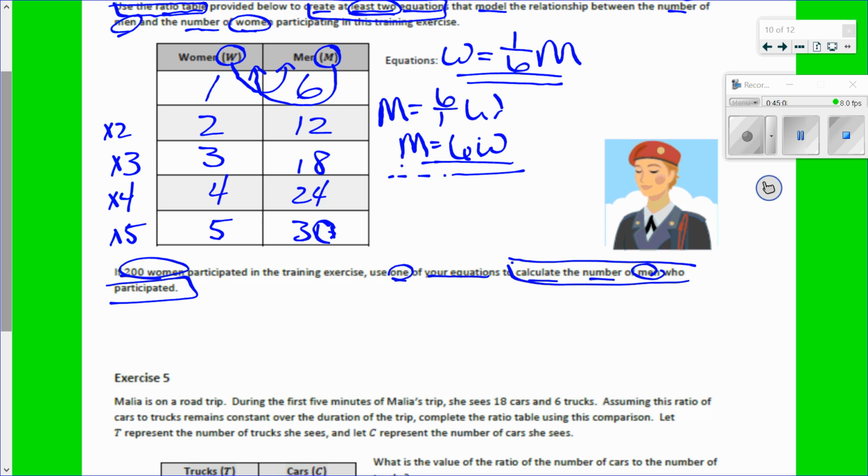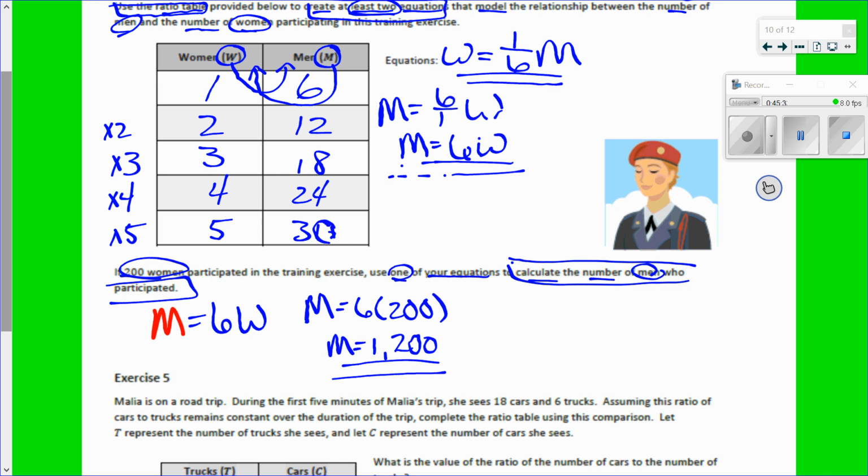M equals. Good job, Wyatt. So I can start with my generic equation, M equals 6W. Did they give me the number of women? Yeah. So now I just substitute that number in for that variable. So M equals 6 times 200, or M equals 1,200.